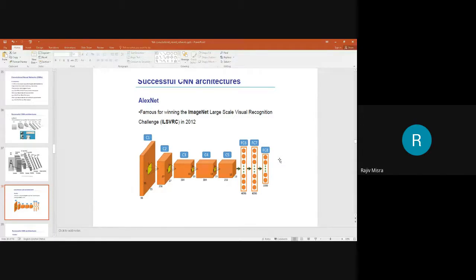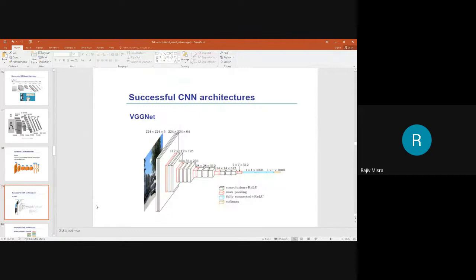It has C1, C2, C3, C4, C5 as different convolution layers. And then it has the fully connected layers 6, 7, and 8, and it will produce the output. This is another such successful CNN architecture.